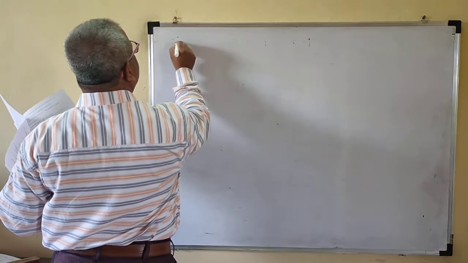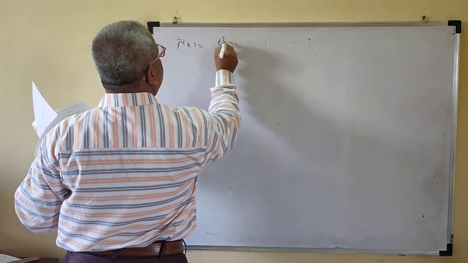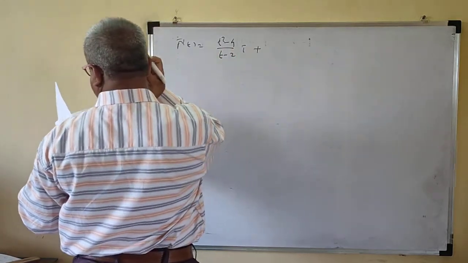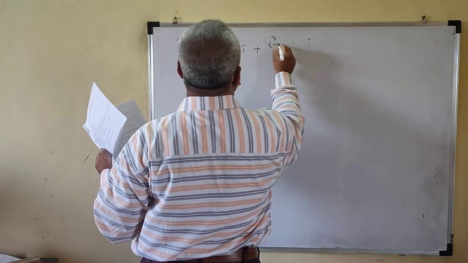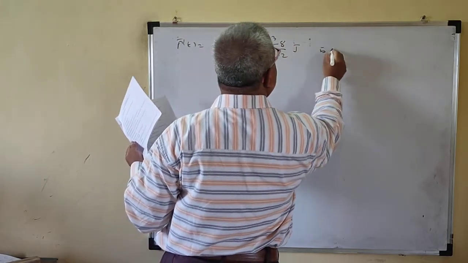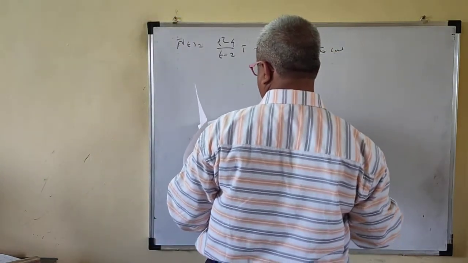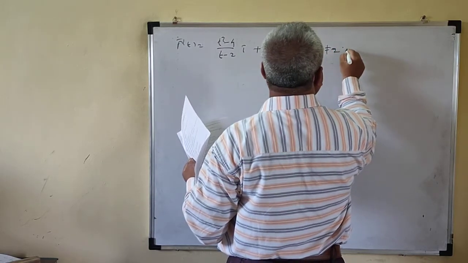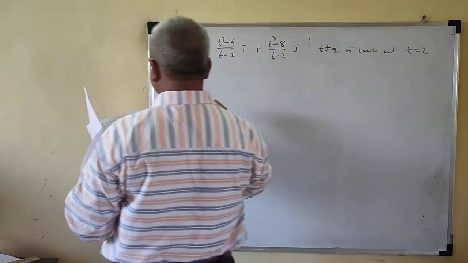Suppose your f bar of t is equal to t square minus 4 upon t minus 2 i bar plus t cube minus 8 upon t minus 2 j bar, for t not equal to 2, and it is continuous at t equal to 2.